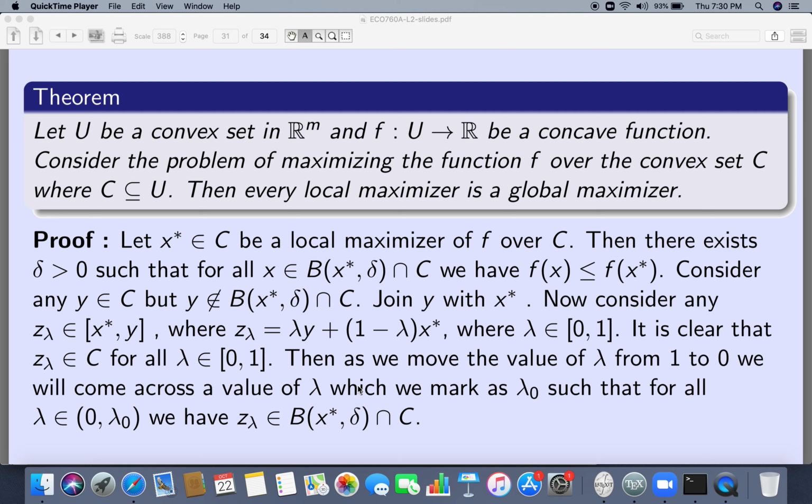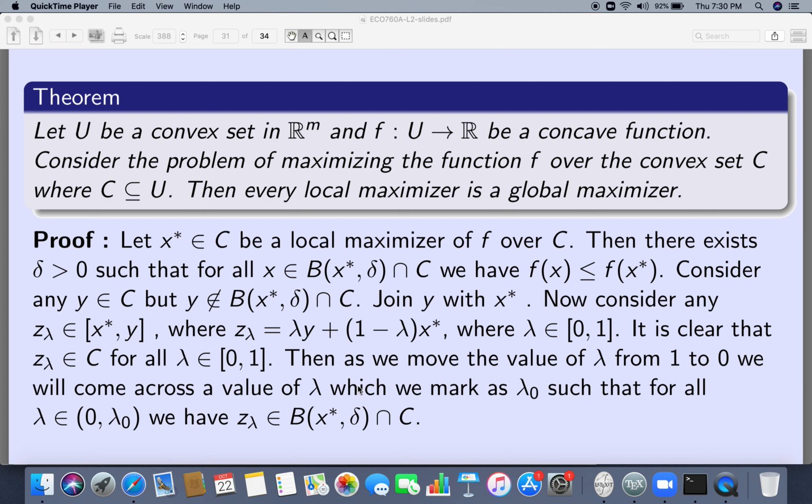So this is quite an important idea. You have started walking from y, you are coming towards x star, but you know that there is an intersected zone already around x star. A part of the ball has intersected the set C, because x star is the center of the ball.